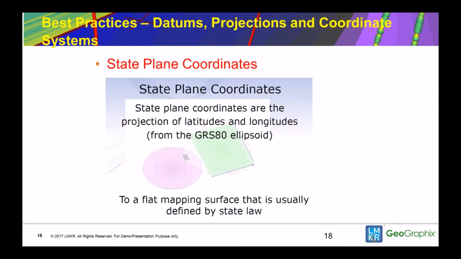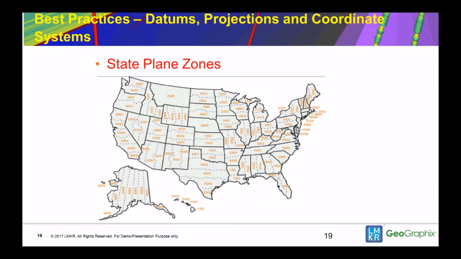Now, state plane coordinates are the projection of latitudes and longitudes from the GRS 80 ellipsoid. So it's just another ellipsoid. Remember, that's just a mathematical way to describe the surface of the Earth. And it's projected onto a flat mapping surface that is usually defined by state law. So here are your state plane zones.